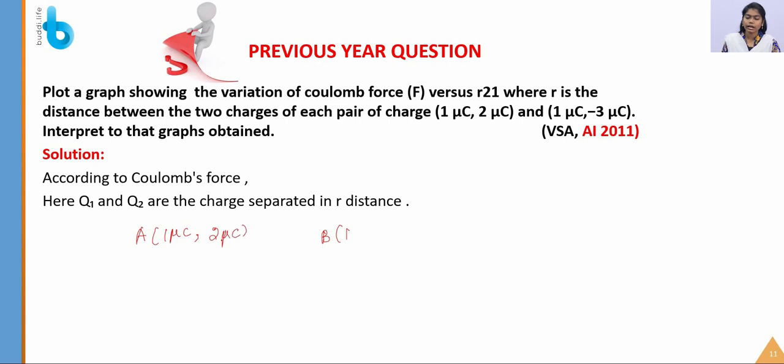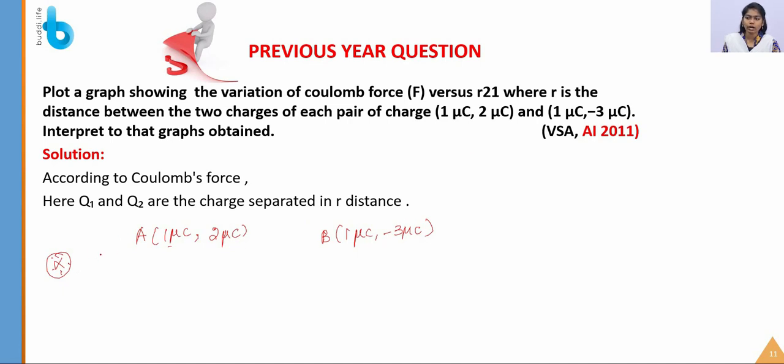Note that according to Coulomb's force we are going to calculate the force between the two pairs of charges.